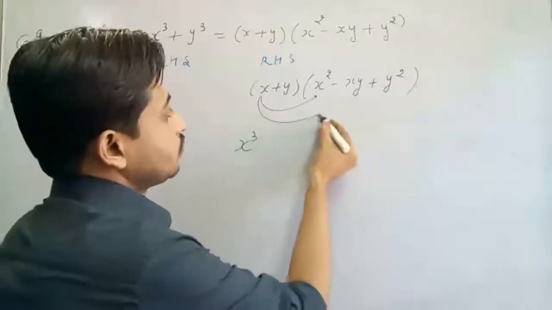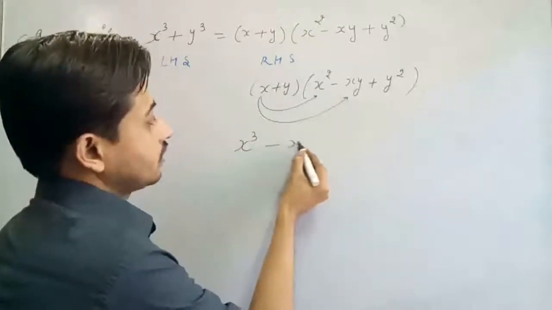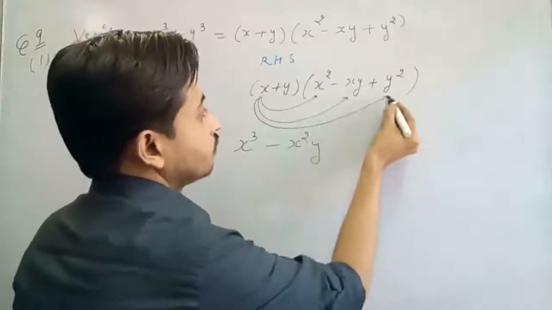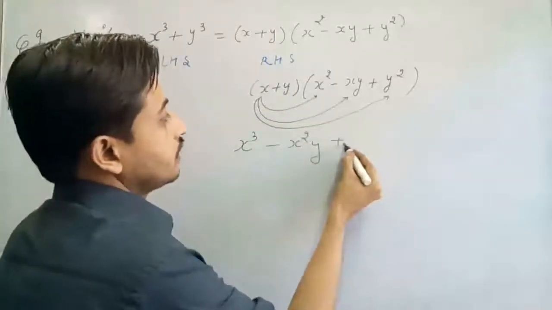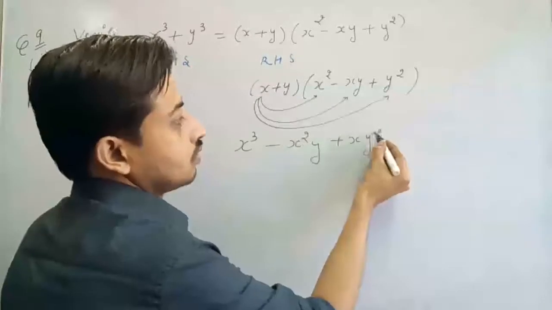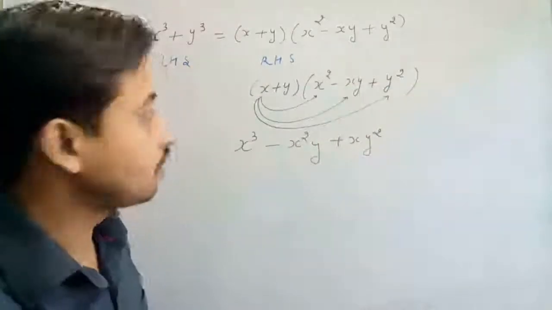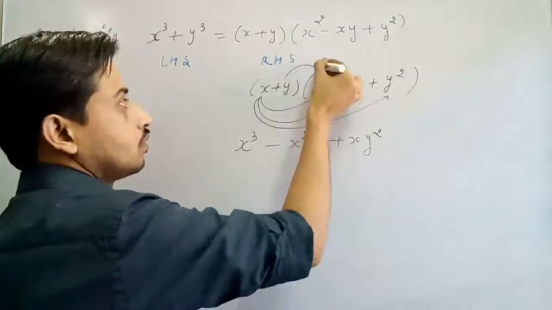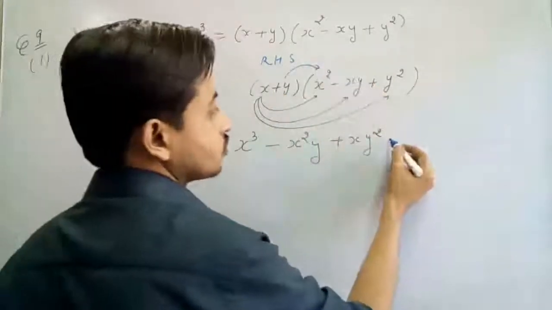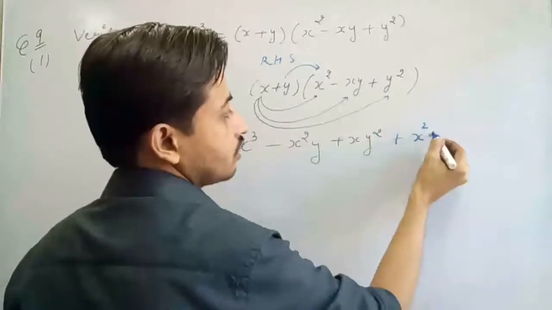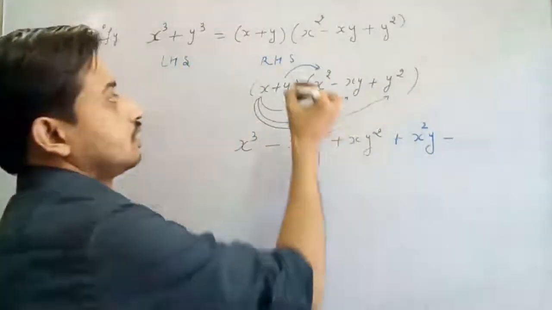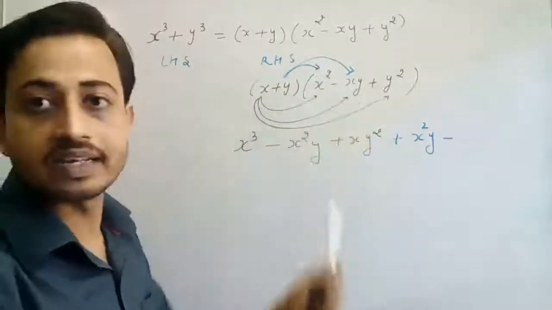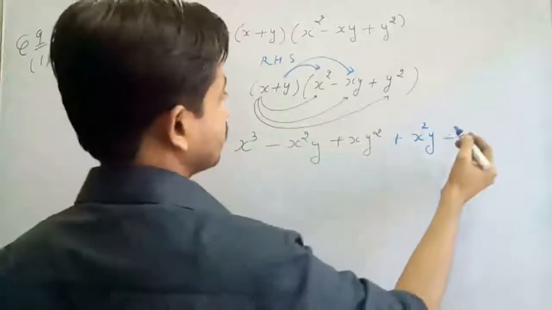Now x is multiplied with minus xy, we get minus x square y. Now multiply x into y square, we get x into y square. Do the same with the second term. Now what we have to do? y is multiplied with x square, we get x square y, and now multiply y with minus xy, we get minus xy square.